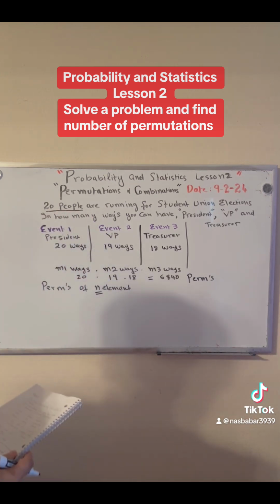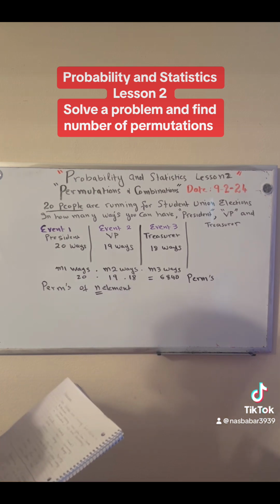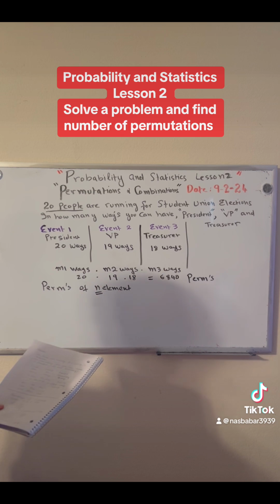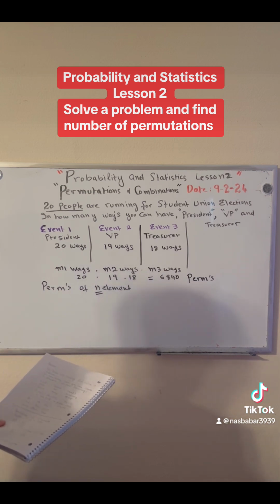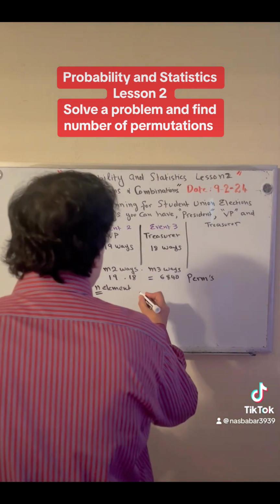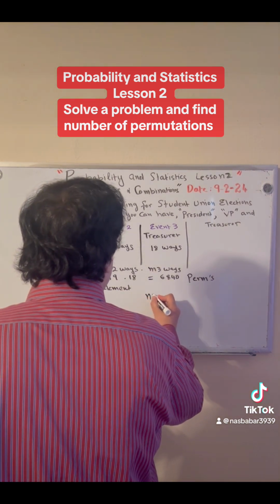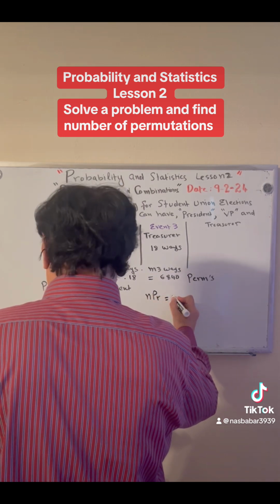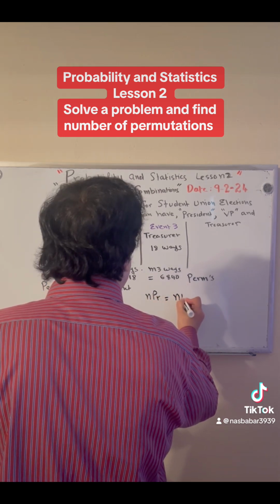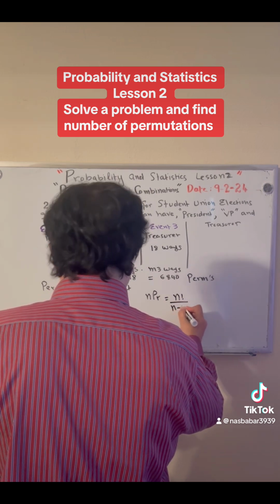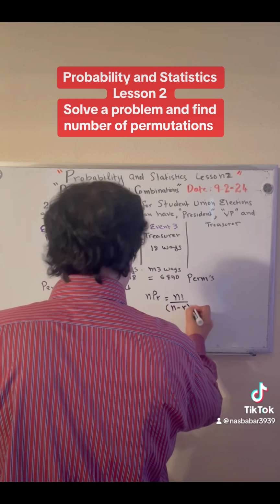So then there is a formula which says permutations of n elements taken r at a time. The formula is nPr is equal to n factorial over n minus r factorial.